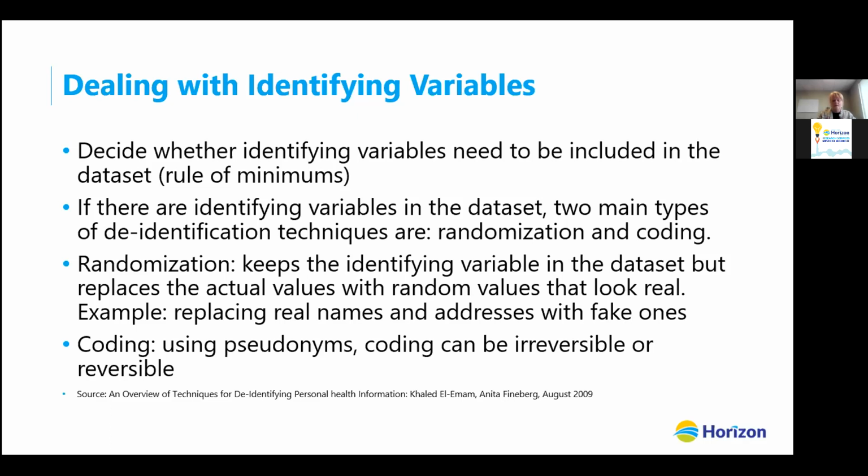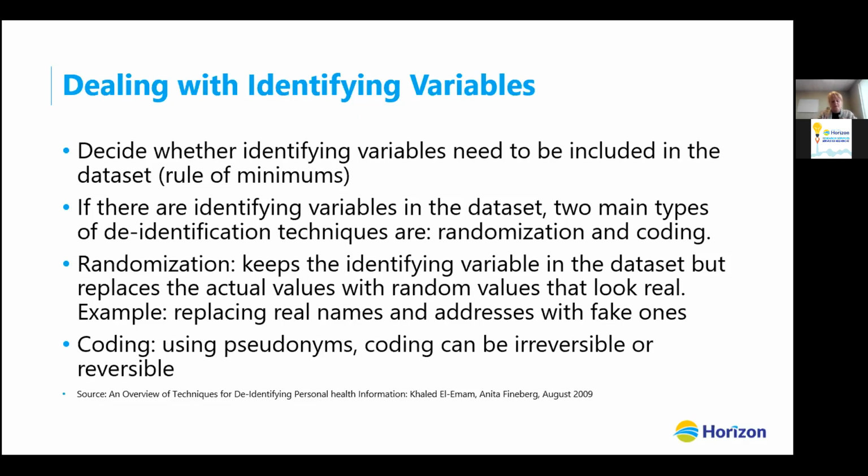If there are identifying variables in the data set, two main types of de-identification techniques are randomization and coding. And I just put brief descriptions here. I wouldn't be able to go into any sort of depth of detail on what these mean, but I just wanted to introduce you to the terms so that if you wanted to do additional follow-up and look further into these, you would be able to do so.